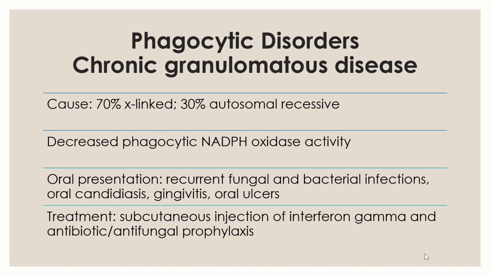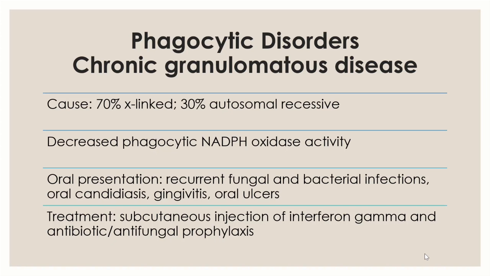So, an example of a phagocytic disorder is the chronic granulomatous disease. So, the cause 70% X-linked and then 30% autosomal recessive. So, the patients with this condition have phagocytes that engulf particles normally, but then fail to generate superoxide anion, hydrogen peroxide, and also hydroxyl radicals to kill the bacteria and fungi.